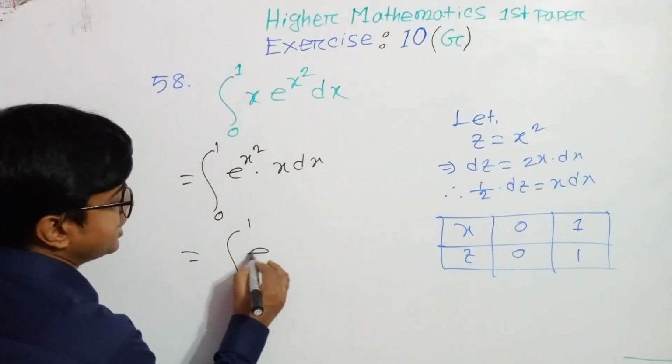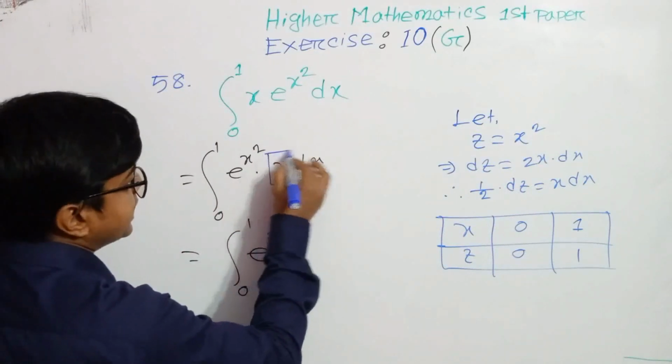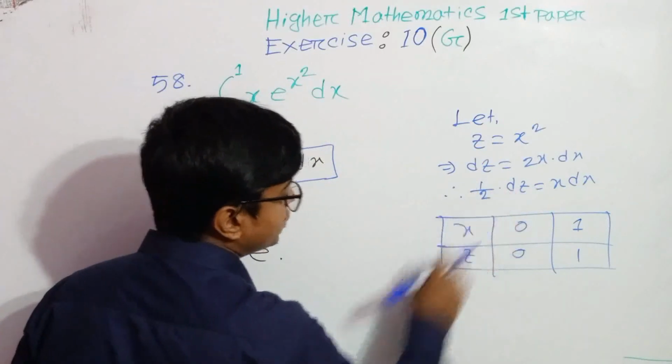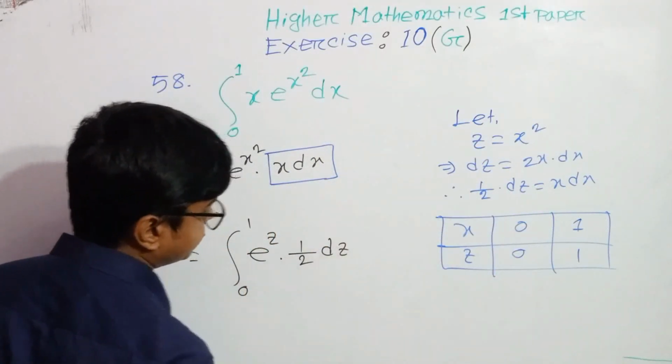So we can write e to the power z into x into dx. Here x into dx equals 1 by 2 dz. So we can write 1 by 2 dz.